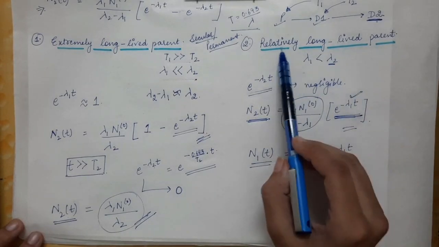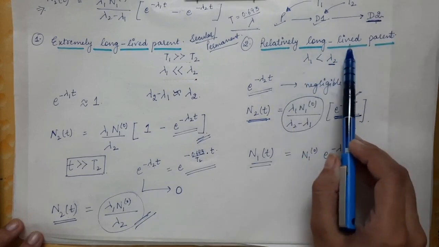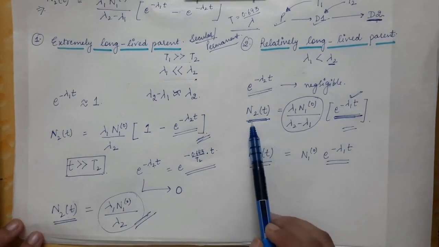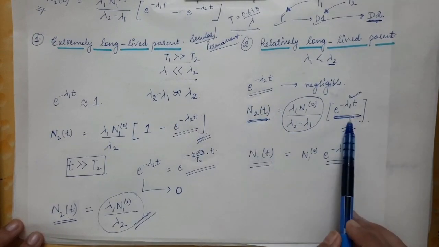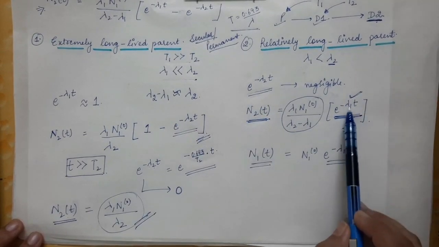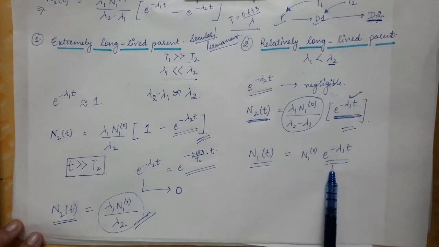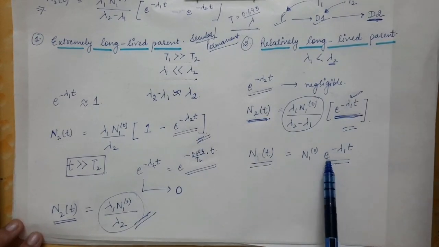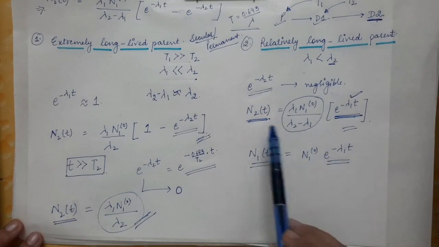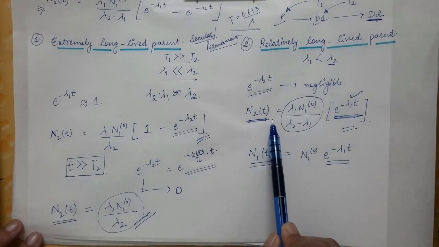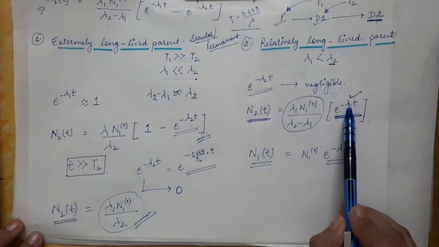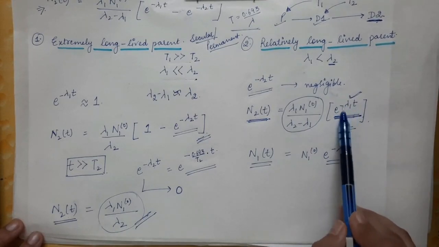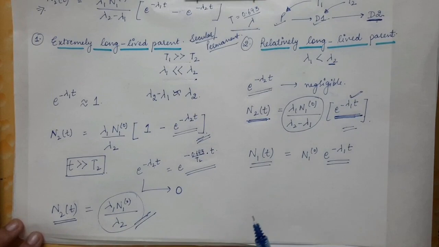So in this condition of a relatively long-lived parent, the daughter nuclei decay exponentially with the same decay constant as the parent nuclei, by the factor e power minus lambda 1 t.